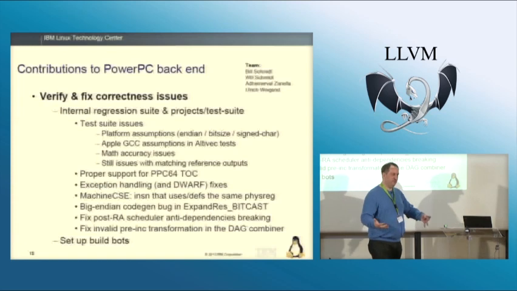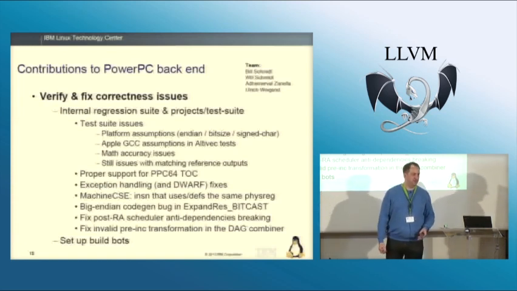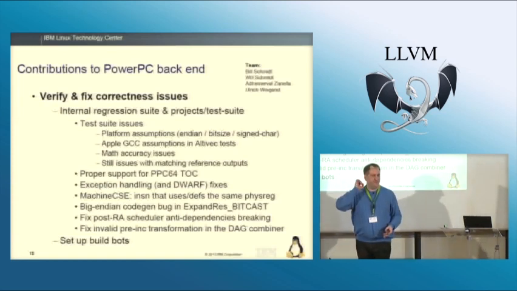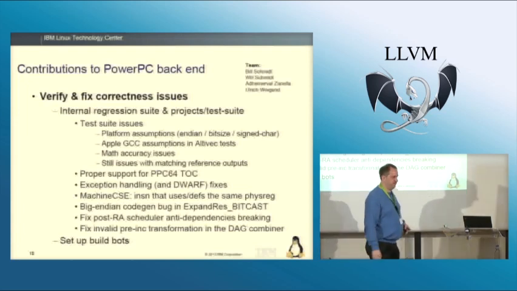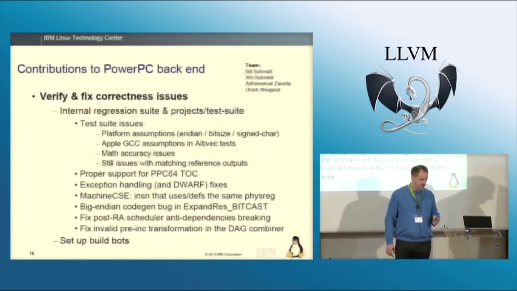It turned out to be a bug in the CSE code, where it couldn't handle an instruction that had a def and use of the same register in one instruction. It was just a case that wasn't handled for some reason. But that's all fixed now.